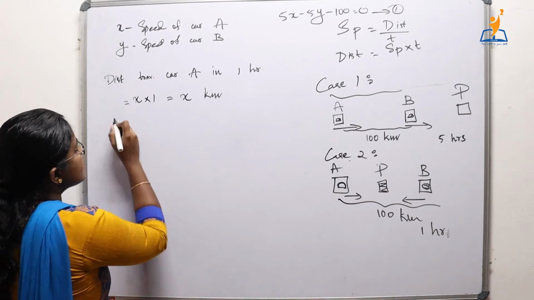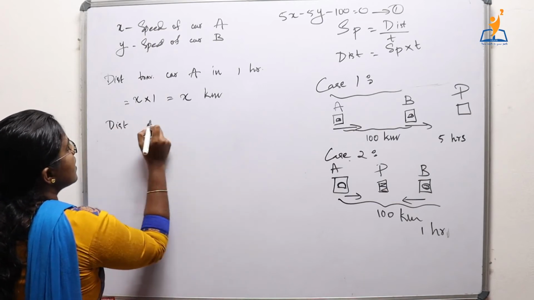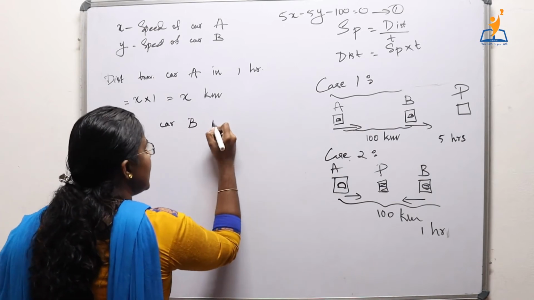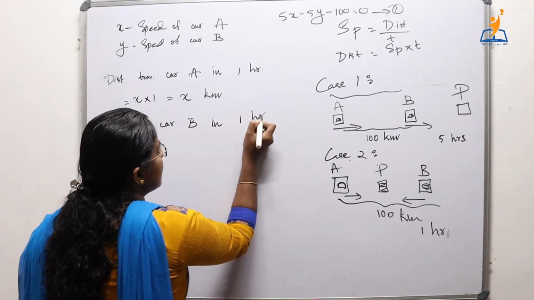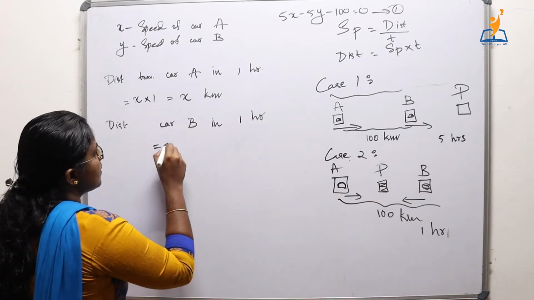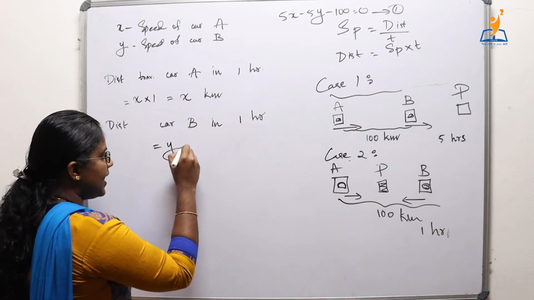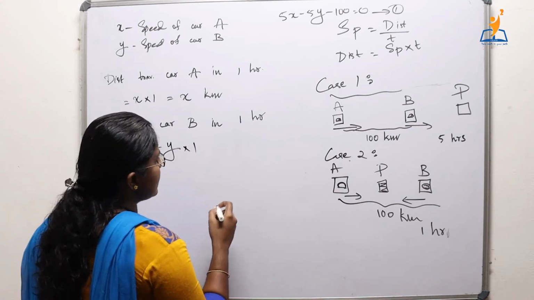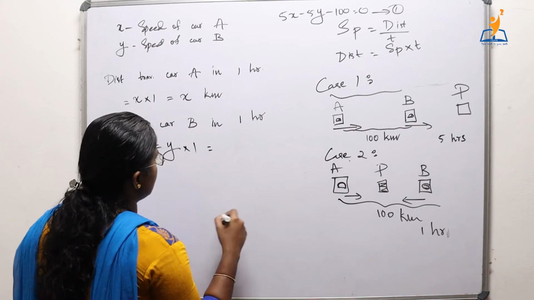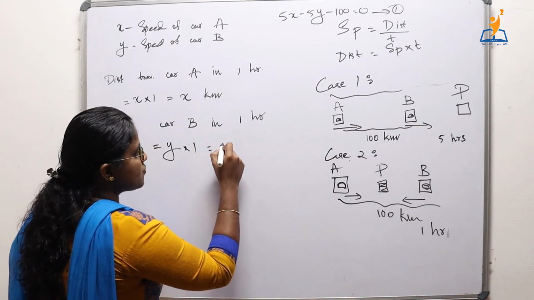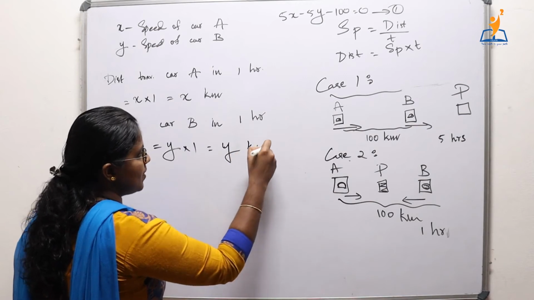Now what is the distance travelled by the car starting from B in 1 hour? The speed of the car starting from B is y kilometers per hour and it also travelled 1 hour, and they reached a point P. So the distance travelled by the car starting from B is y into 1, that is y kilometers.